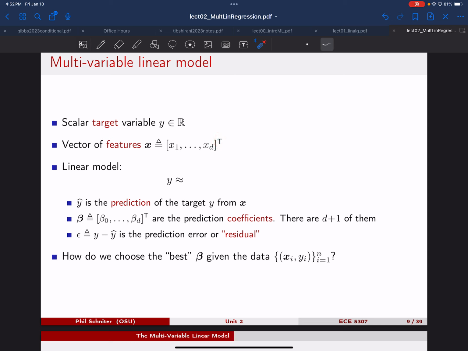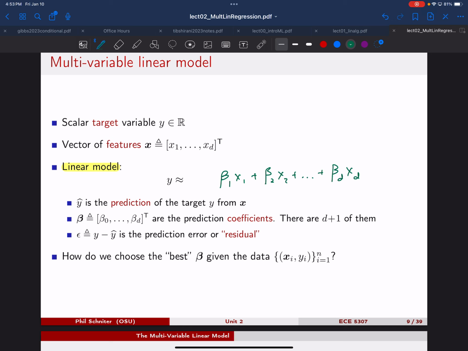So our linear model, the way we're going to do the prediction goes like this. We're going to scale x1 by some number beta 1, which we'll have to choose. We're going to add to that beta 2 times x2, and so on, all the way down to beta d times xd.